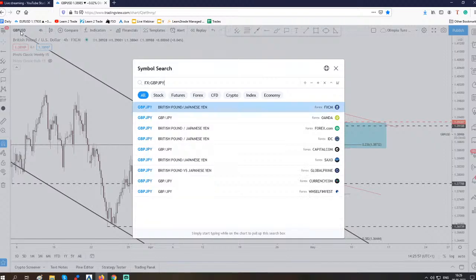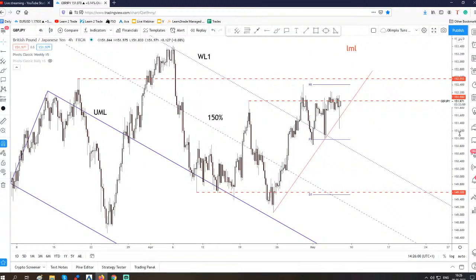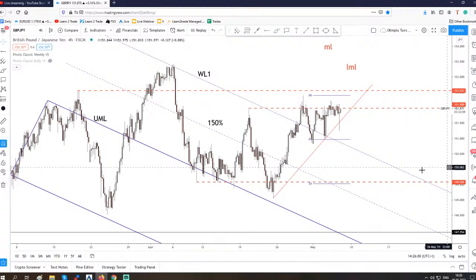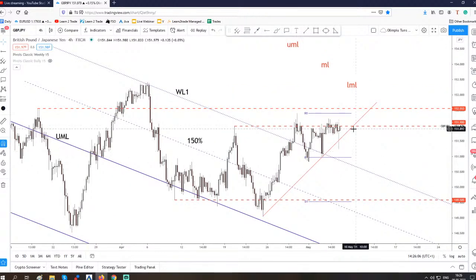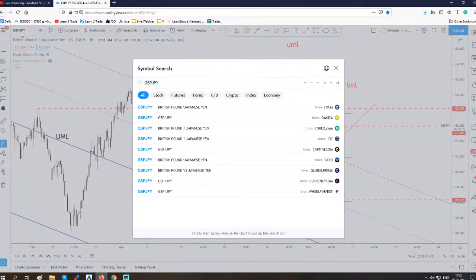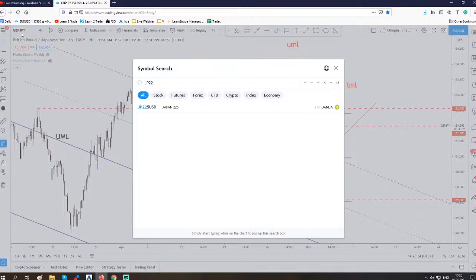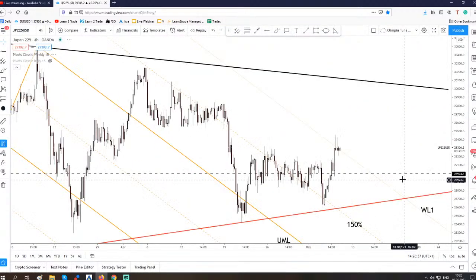GBP versus the Japanese yen. This is still bullish. We had today an aggressive false breakdown with great separation around the BOE, the Bank of England monetary policy meeting. So the bias is still bullish on the GBP versus the Japanese yen. I've told you that the Japanese yen could continue to depreciate versus its rivals, as long as the Japanese stock index, the Nikkei, continues to increase.